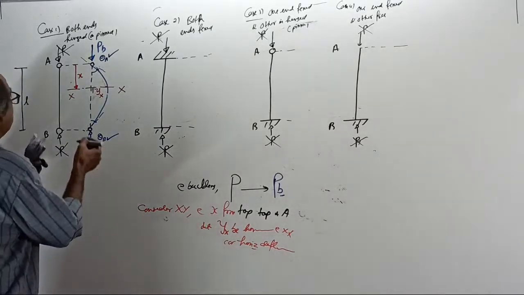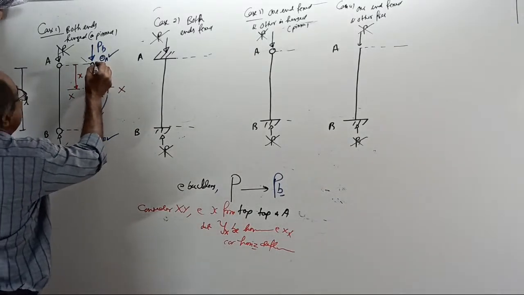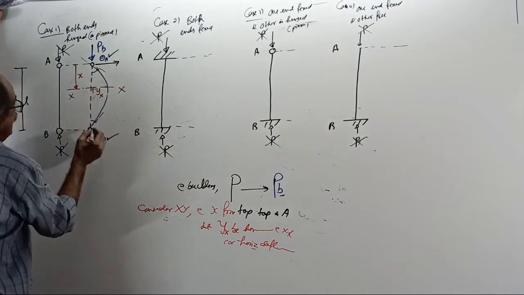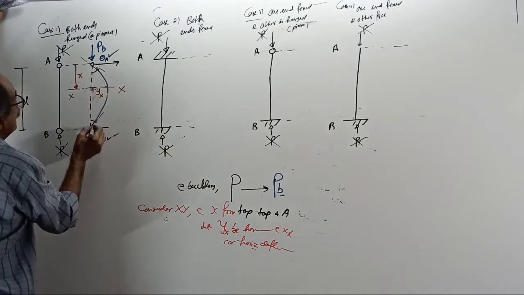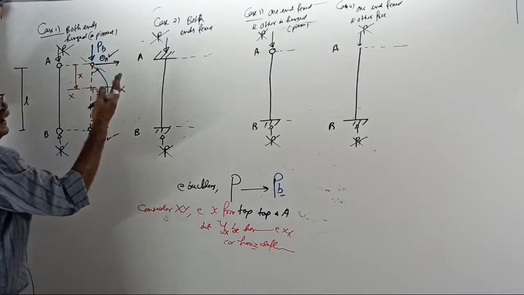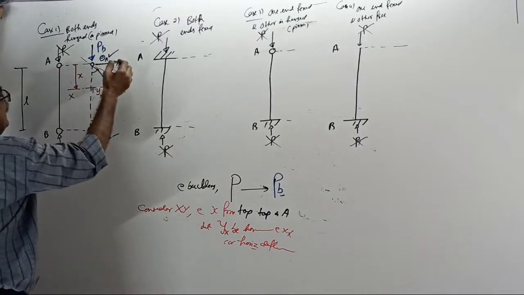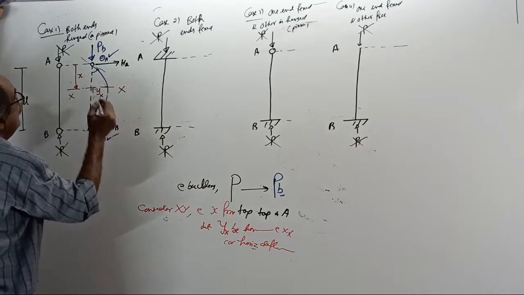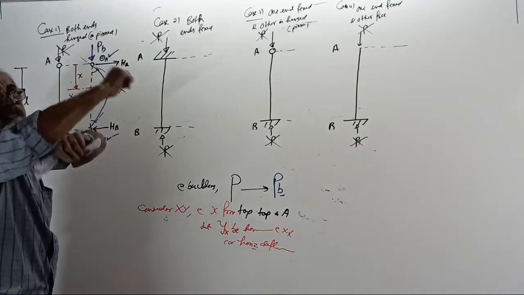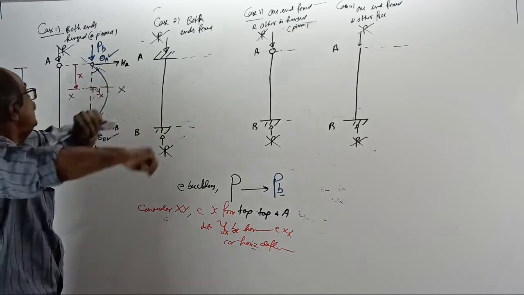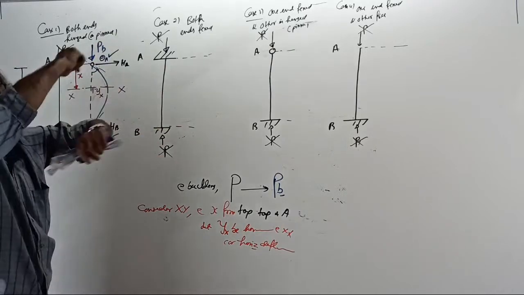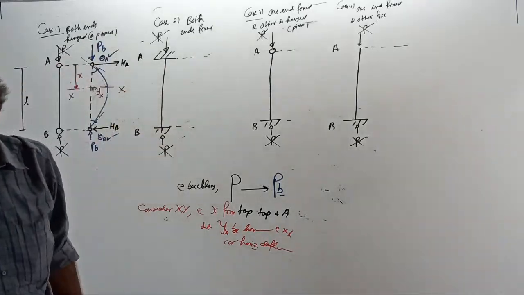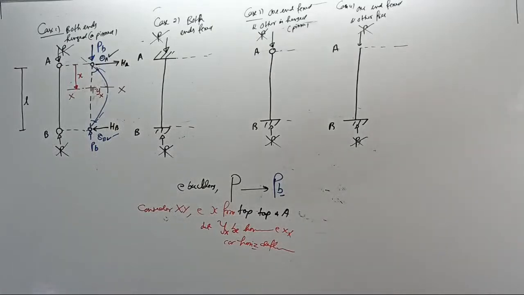Suppose by mistake you write a horizontal reaction here and a horizontal reaction here, HA right side and HB right side. When there is no horizontal load, it will spoil the equilibrium. Yes or no? Make a note.